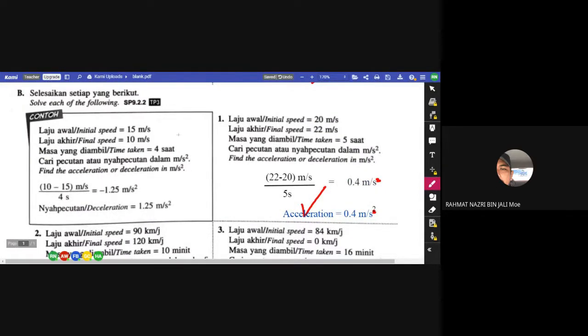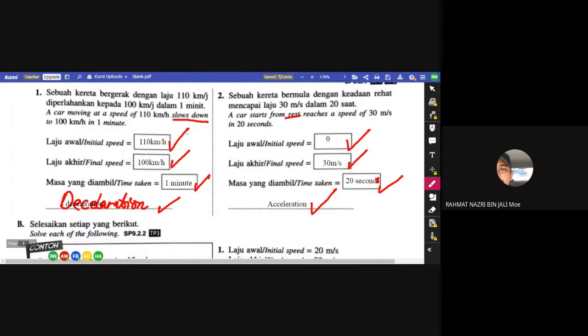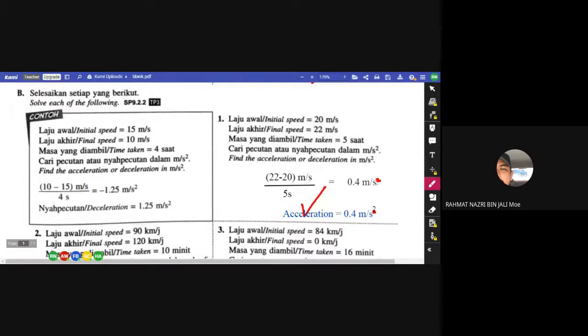Number 1 is still waiting for B1. This has been 1 minute. Okay, done. B1, 1 minute. Some are not done yet. Acceleration is equal to 0.4 meter per second per second, or meter per second squared.